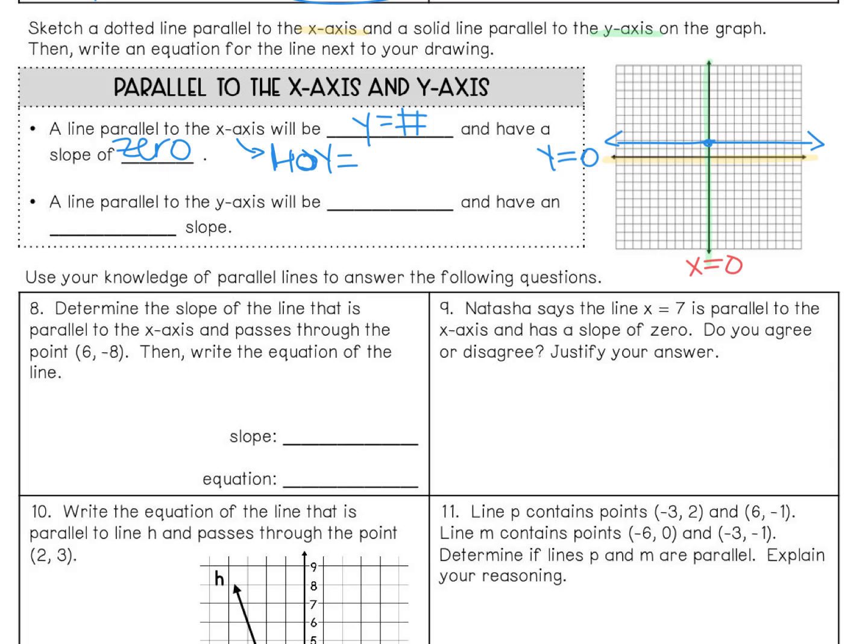So if we're going to be parallel to the y-axis, then it's going to be an x equals equation. And what do we know about VUX? What kind of slope is it? Undefined slope. So someone give me an x number. X equals negative 6. 1, 2, 3, 4, 5, negative 6 right here.